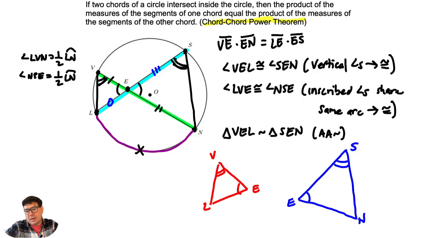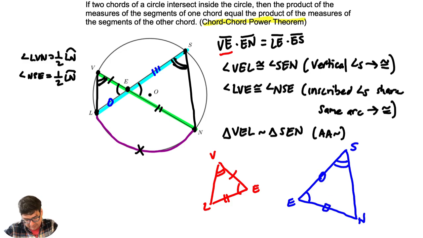If you have two similar triangles, the ratio of their corresponding sides is proportional. So, as we're trying to prove the chord-chord theorem, I can see that the ratio of VE to LE is proportional to the ratio of ES to EN.